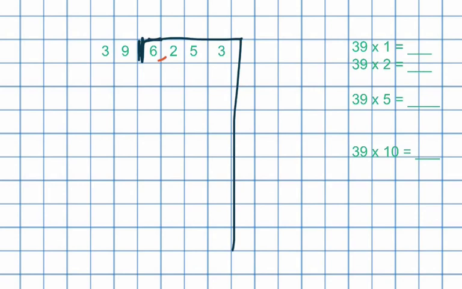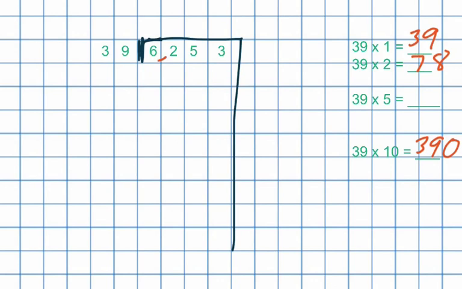Just like before, we are going to multiply 39 times 1, which is 39. We're going to double that, which is 78. We're then going to skip 39 times 5 and multiply 39 times 10. So I'm adding a 0 to 39, making 390. And then I'm going to think of half of that.